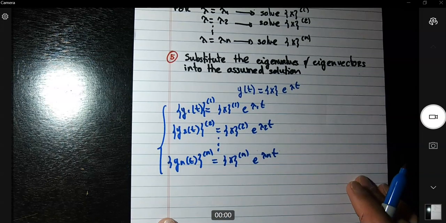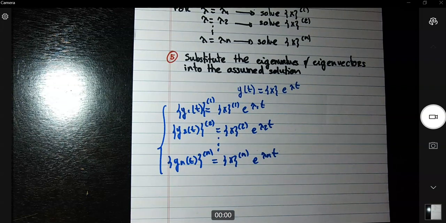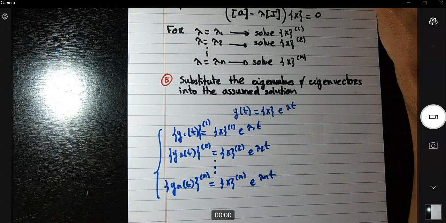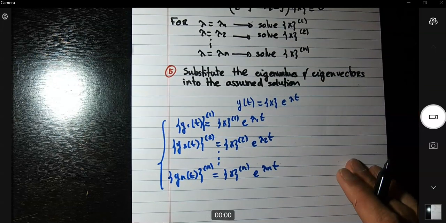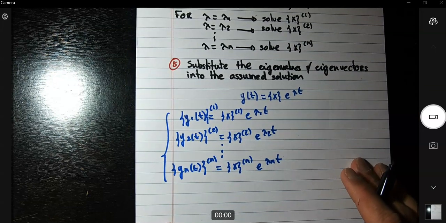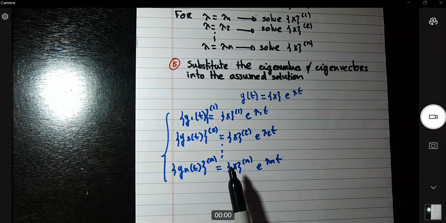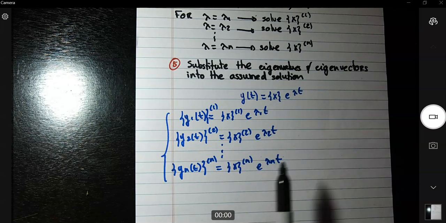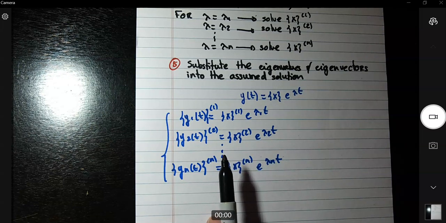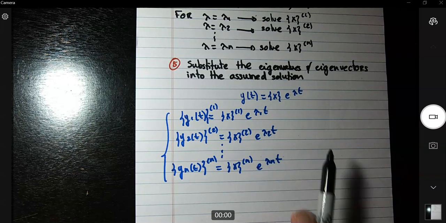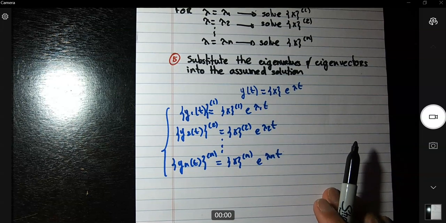Okay, so if you remember, at the beginning of this chapter, we mentioned the principle of superposition. That means that if one equation is the solution of one differential equation and another equation is the solution to the same differential equation, you can add the solutions and this will also be the solution of the differential equation.